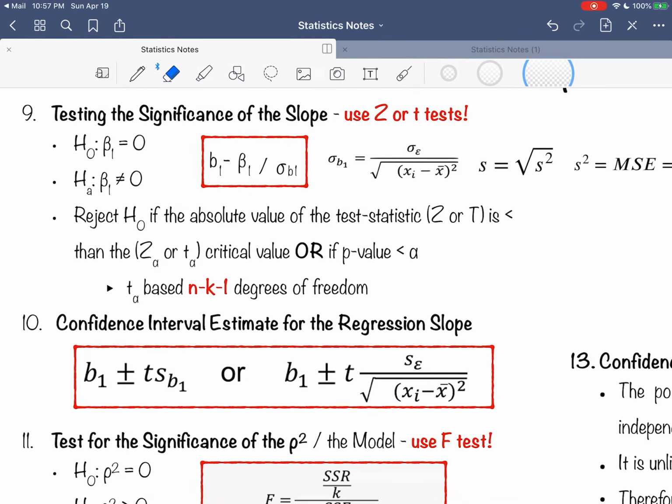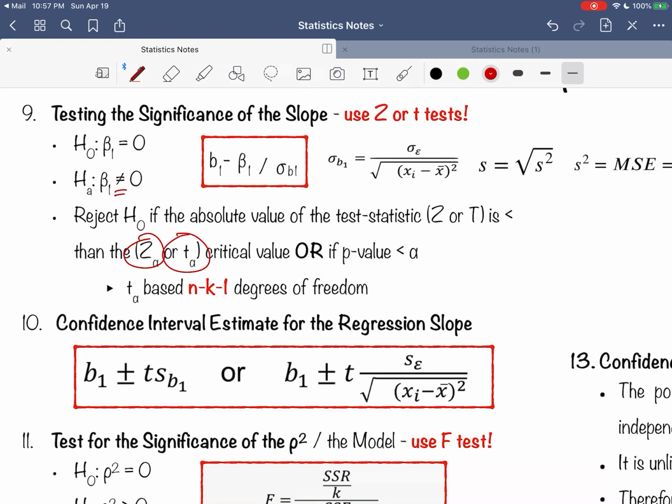Step 2 is always to calculate or determine a critical value. The critical value will be either a z or a t, depending on if you have a large sample size or if the population standard deviation of beta is given to you. And if not, then you use t. T is going to be based on obviously alpha.